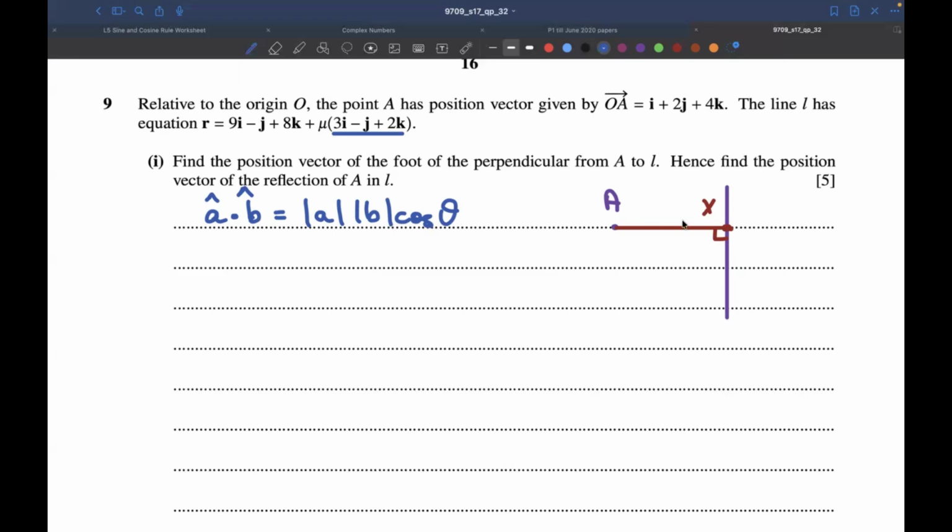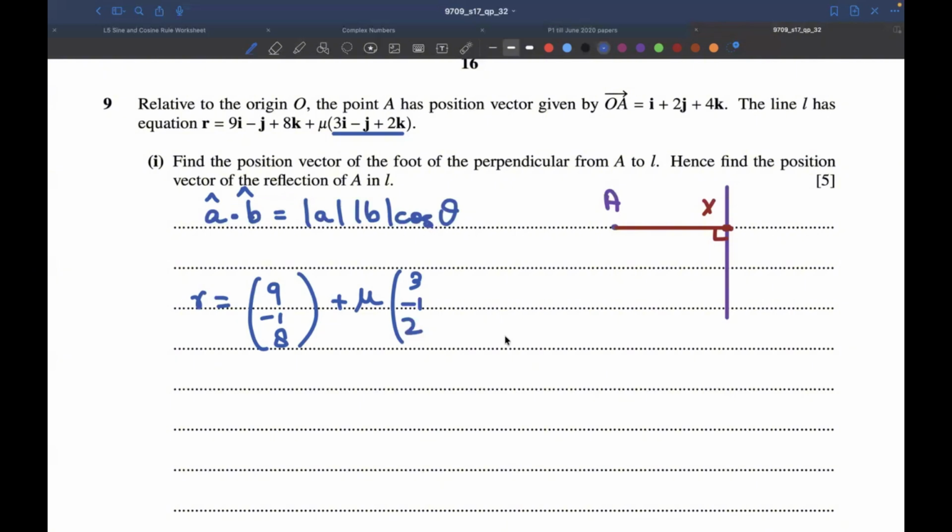What we have to do in every single question like this is, first of all, we know that X lies on the line. So if X lies on this line, the equation of the line is 9, minus 1 and 8 plus mu into 3, minus 1 and 2.